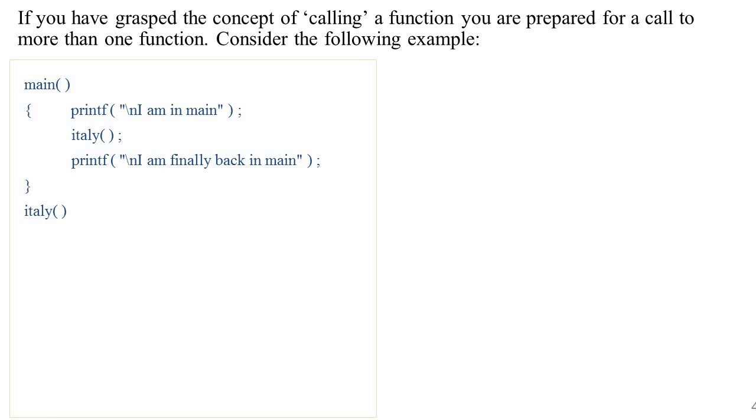Now where is this Italy defined? Let's define this Italy method. Inside this method there is one statement, printf, I am in Italy, and from one function we are calling another function. So we have called this Italy method from the main method. Now inside this Italy method, we are calling another method, that is Brazil, and printf.